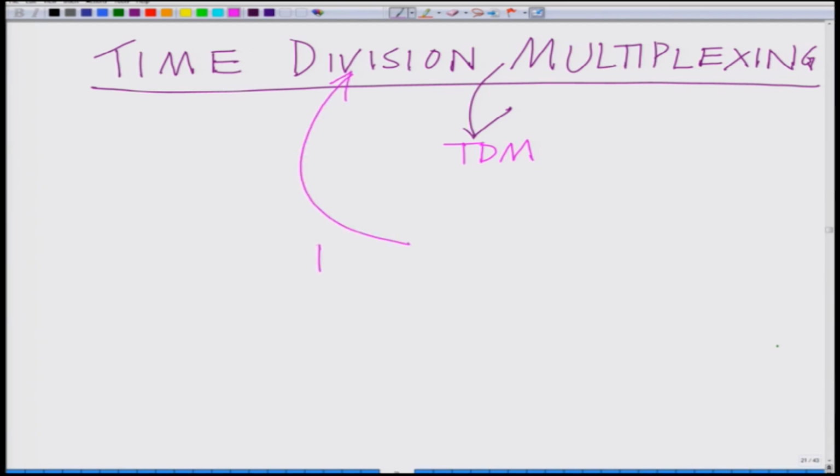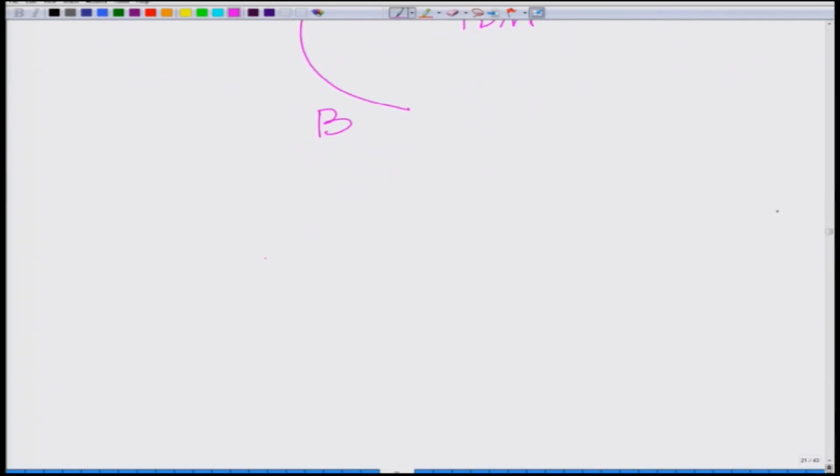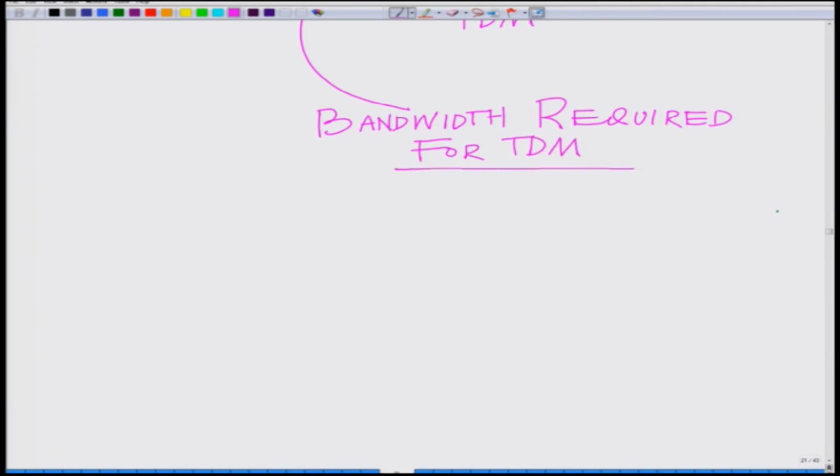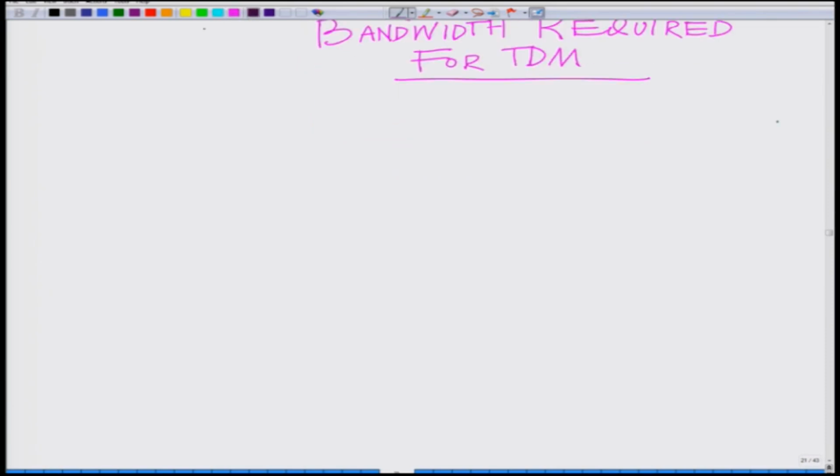So first we want to answer the question, what is the bandwidth required for TDM? Let there be n signals.